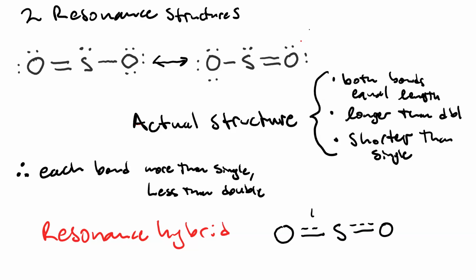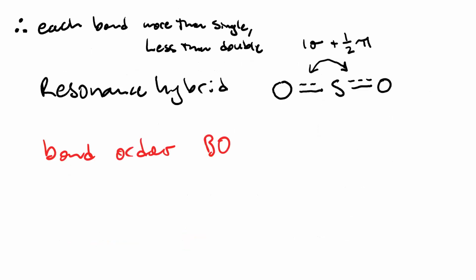So each bond is actually 1 sigma plus 1/2 of a pi bond. And the bond order, or BO, for each bond in the molecule is 1.5.